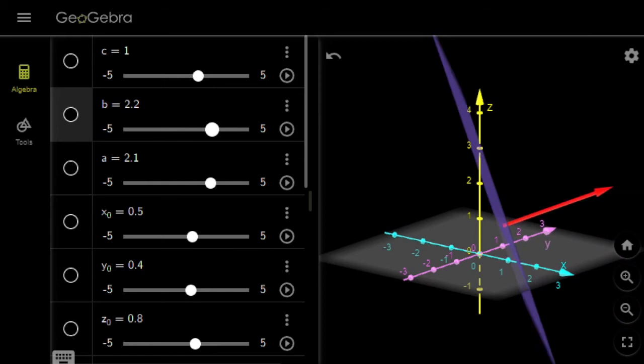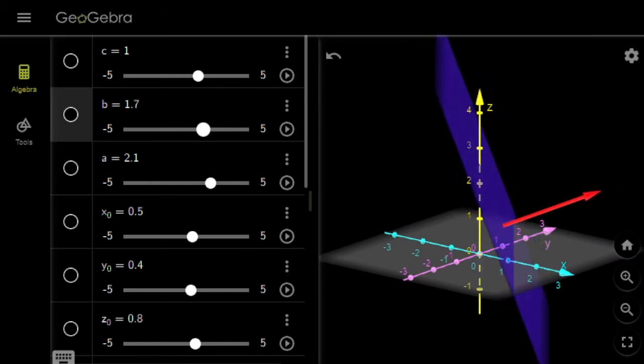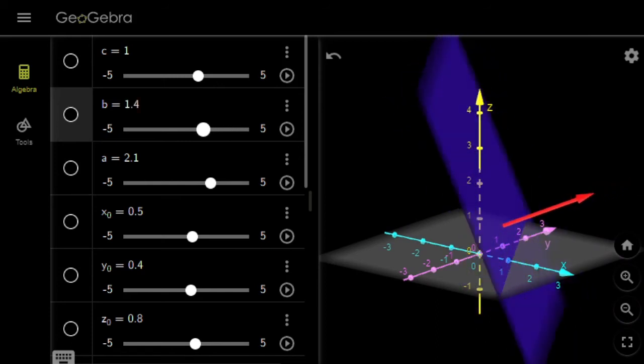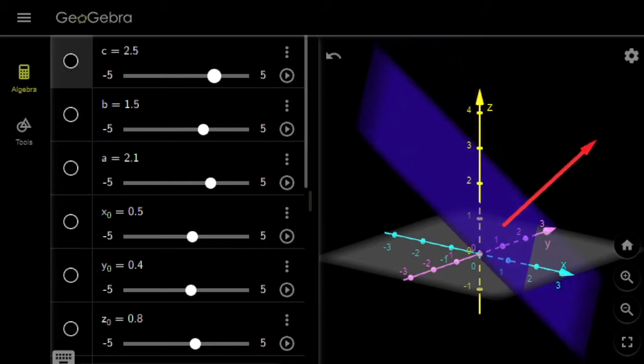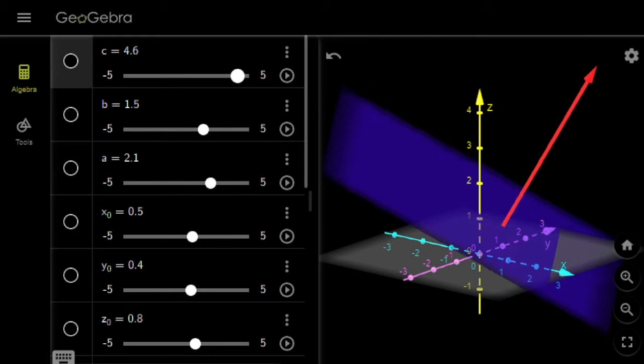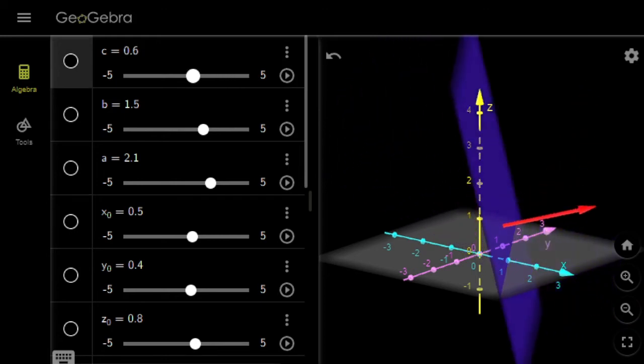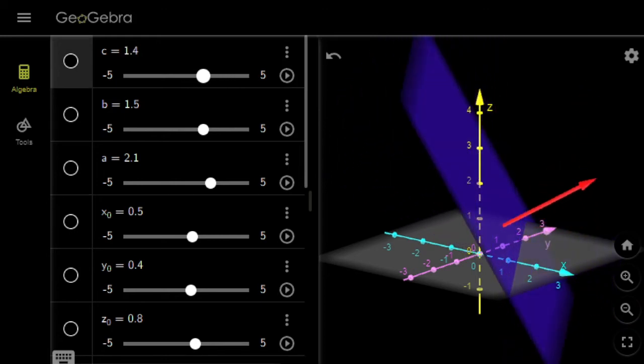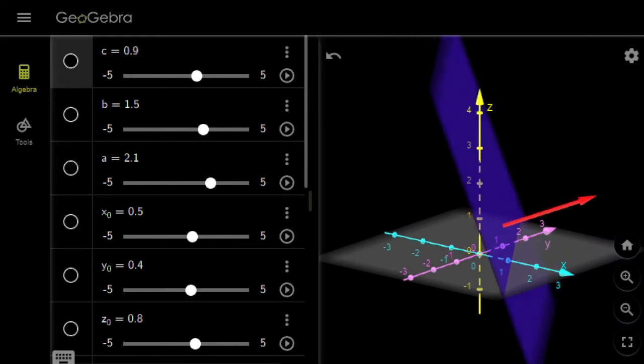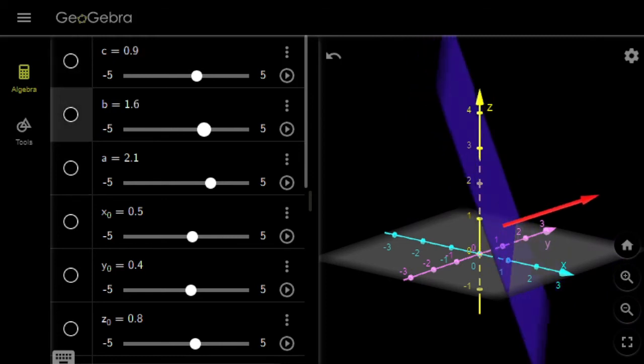B is also twisting the plane around in a slightly different manner, but kind of the same idea as A. And then C is tilting the plane upward and downward.